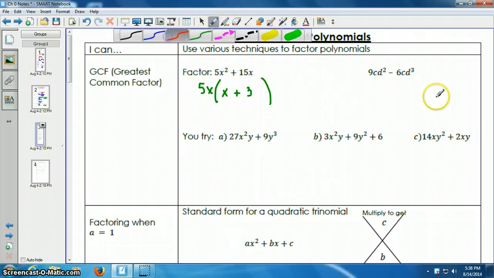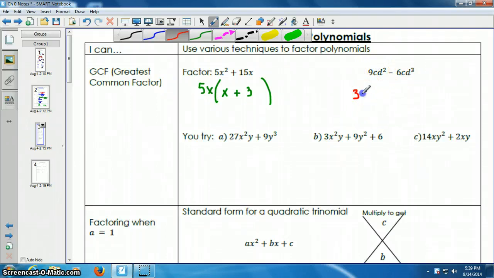So on the next one, look to see the 9 and the 6. What do those have in common? Common factor, meaning a number I could divide out of each of those that's the same. Well, not 1, 2, 3. 3 is a factor of 9 and 3 is a factor of 6, and it's the biggest factor they have in common. Then I look at the variables c and c.